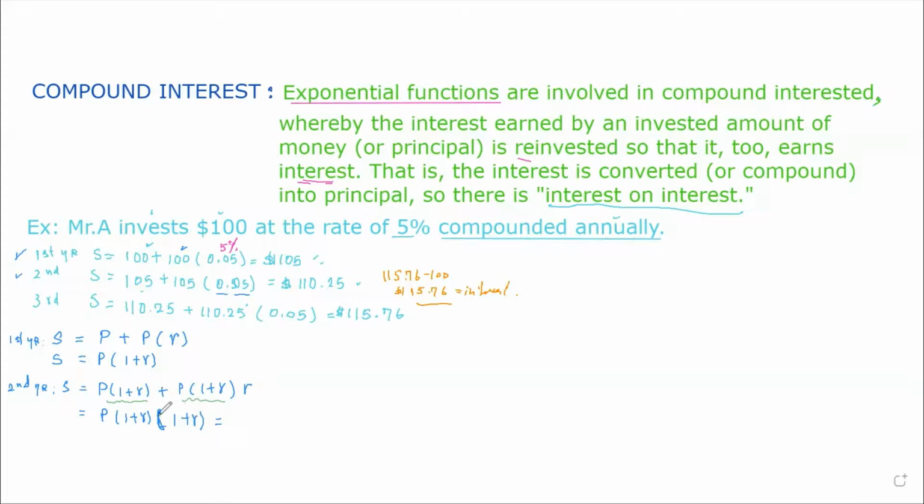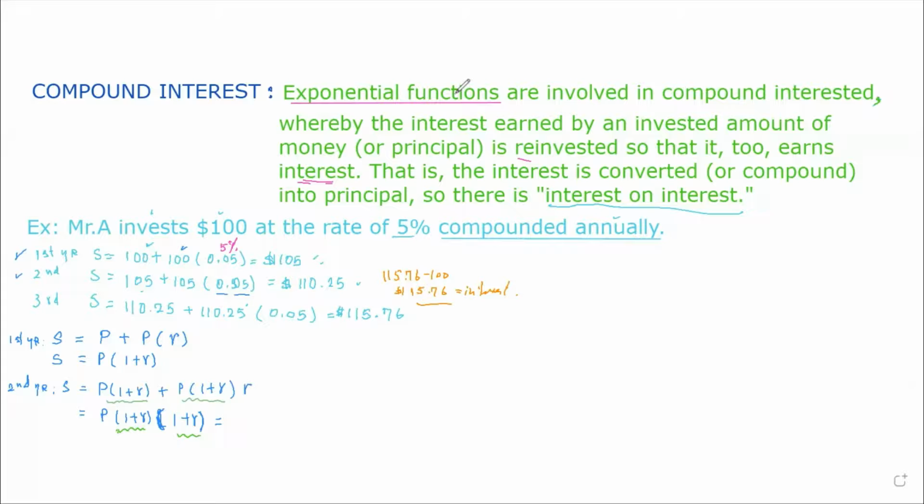So then you see 1 plus R times P(1 plus R). Did you see the common factor, 1 plus R? Then you can simplify it.